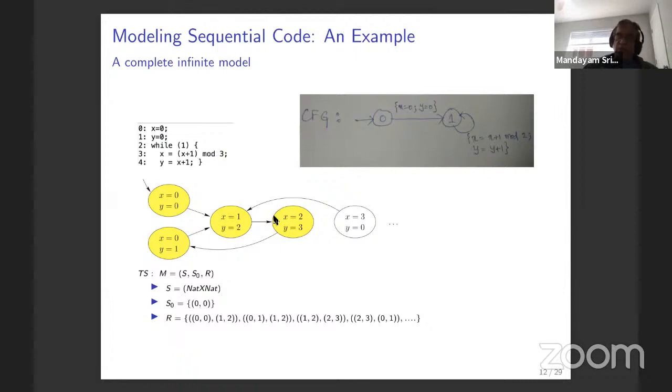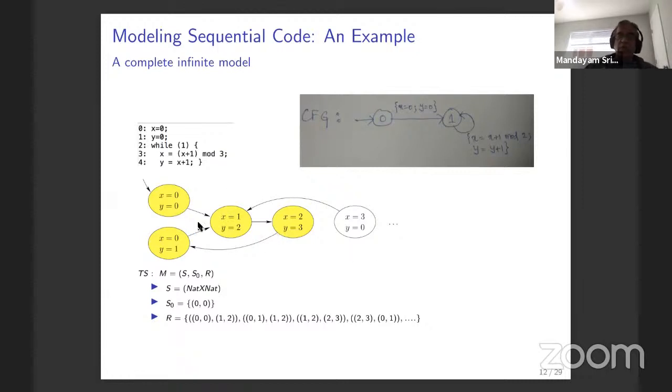Whereas a transition system is specifically introduced to model the actual unfolding, the dynamic behavior of your program. Here it captures not only the states that your program can be in, but also the evolution of those states over time.